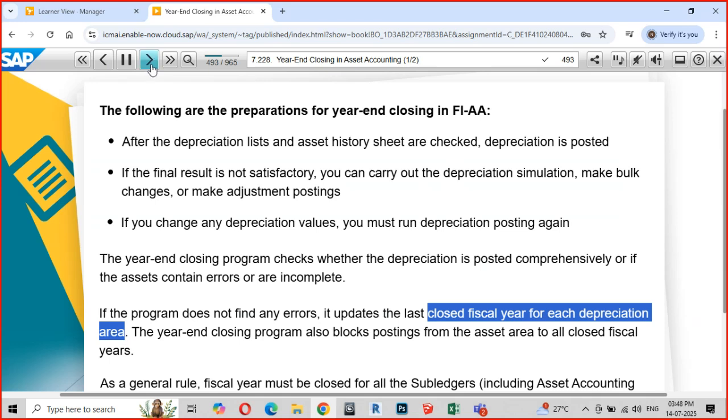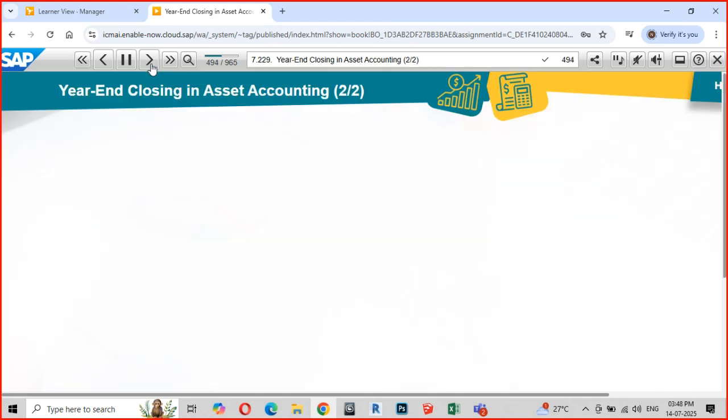These are the steps followed in your asset accounting closure.